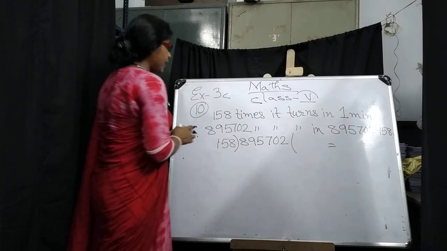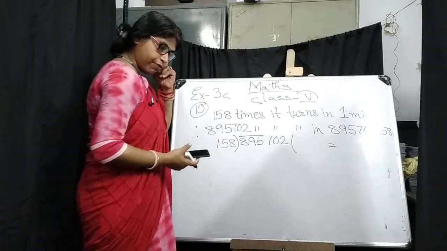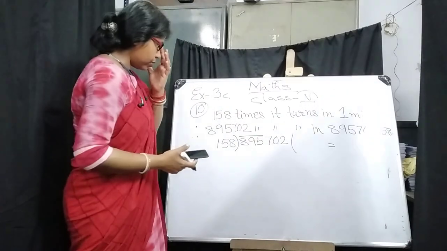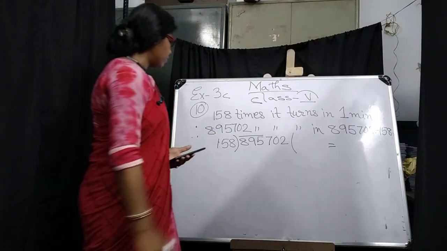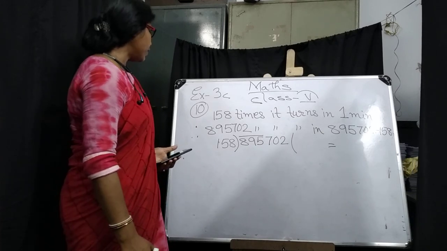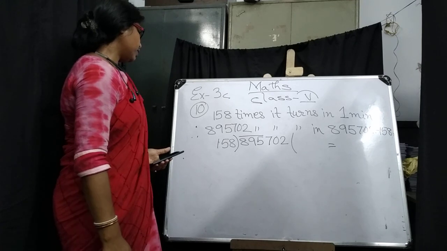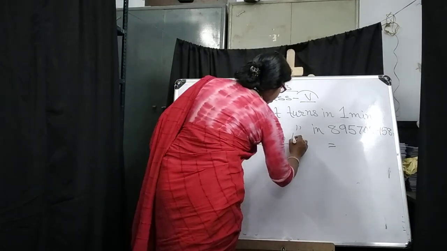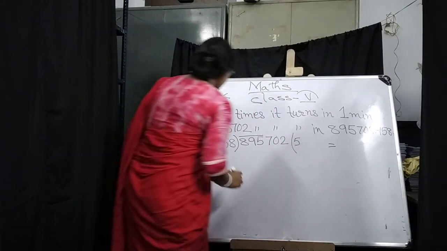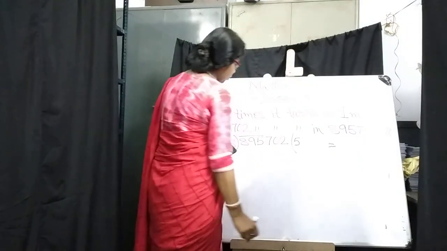So first we will take 3 digits because 895 is bigger than 158. So how many times will it go? Let us see. It will go 5 times. 5 8s are, you will do the working separately, okay?